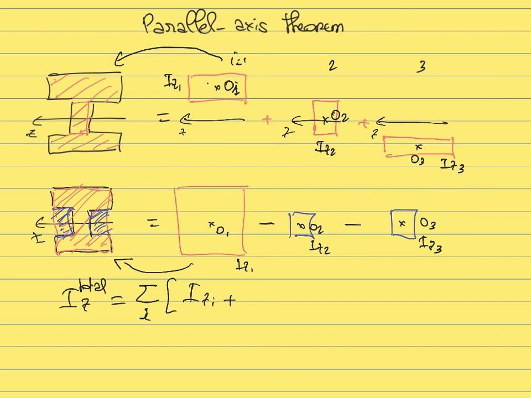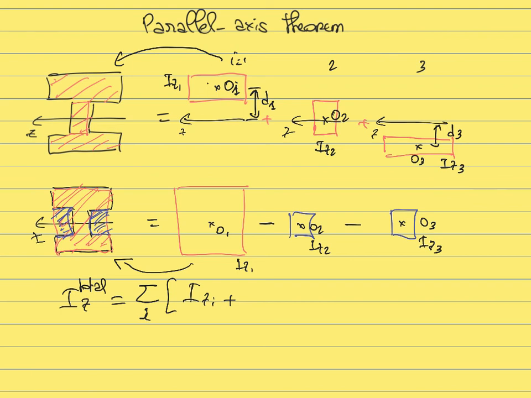The second thing that matters is where the centroid of those 3 rectangles is located with respect to the z-axis. And so this is going to define a quantity d1, which is the distance between the centroid and the axis z. So in this case, for example, that would be d3, which is the distance between the centroid of subsurface number 3 and the z-axis.